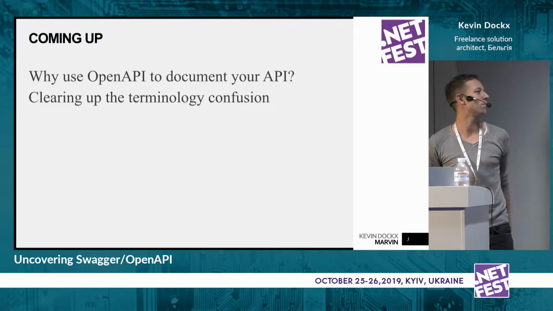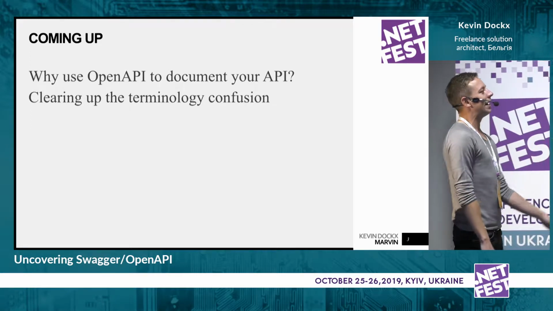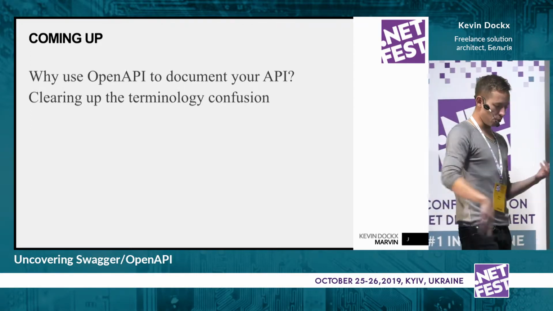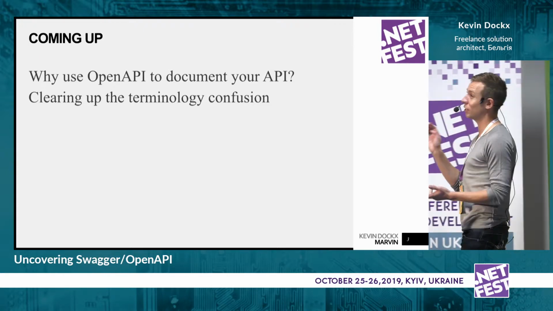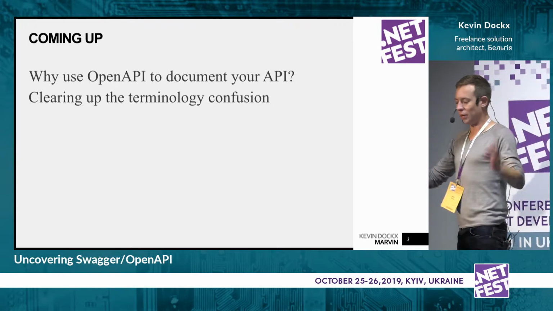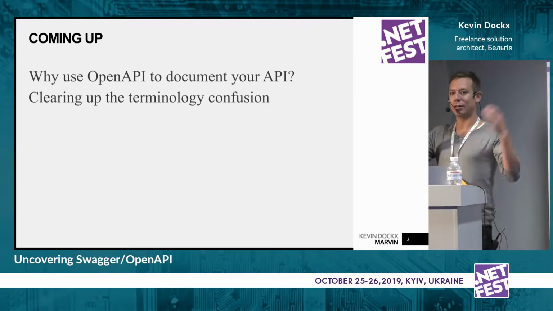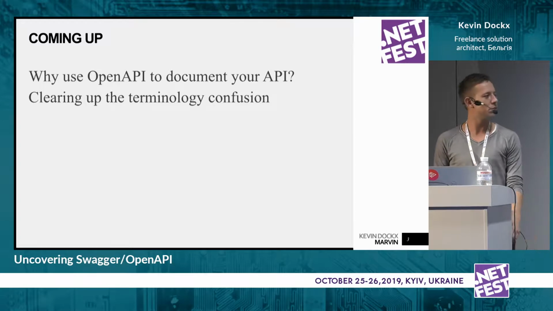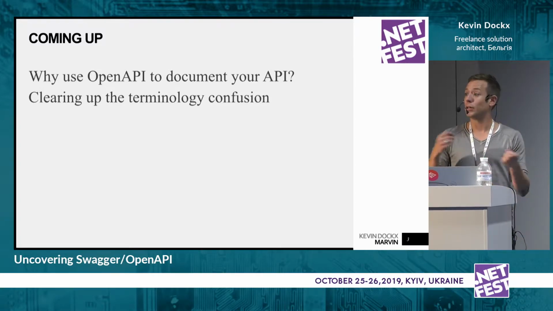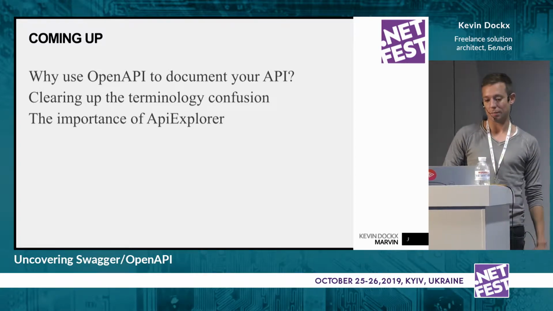Used it? Yeah, probably most of you have used it even. Well, there's Swagger, there's OpenAPI, there's Swagger CodeGen, there's Swagger UI, there's Swashbuckle, there's Stoplight Studio, and more. And they're used interchangeably. I'm going to try and clear up the confusion a bit surrounding that.